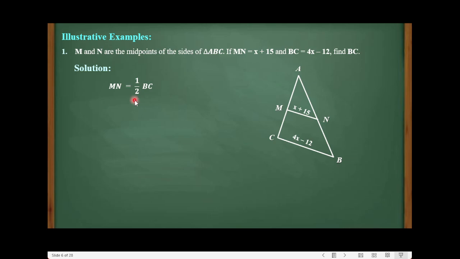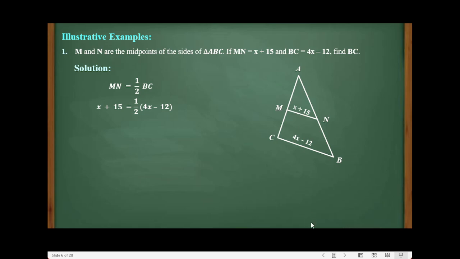Now, from this equation, let us replace these two segments by their equivalent lengths. For MN, that is x plus 15, which is equal to 1/2 of the length of BC, and BC is replaced by 4x minus 12. So at this point, we formed a linear equation in one variable.